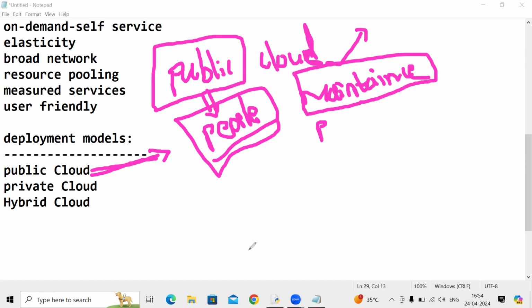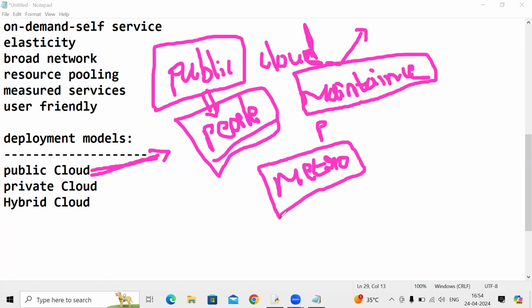For example, take the metro, guys. The metro is public, right? Anyone can use the metro and anyone can travel in it. If there is any damage, maintenance, damage recovery and cleaning, all of it is taken care of by the metro's maintenance.